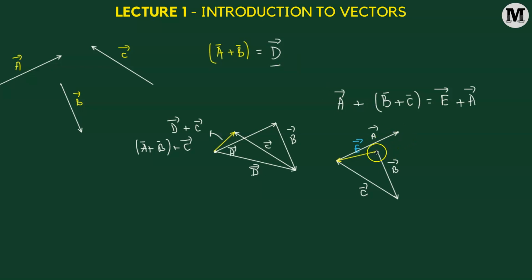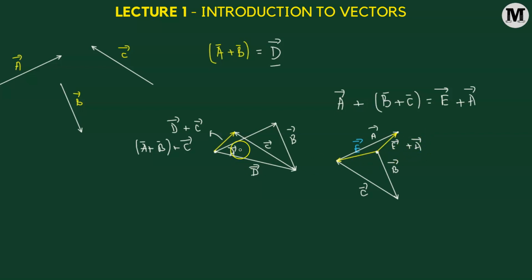So we'll start from the initial point of vector E and extend it to the terminal point of vector A. So we're saying that this is the vector which is the sum E vector plus A vector.